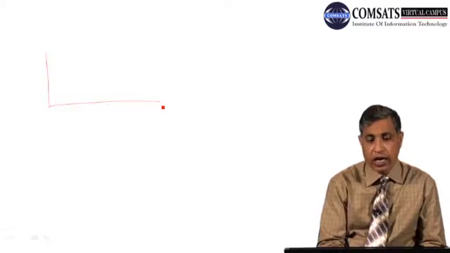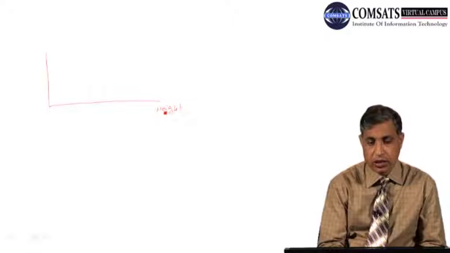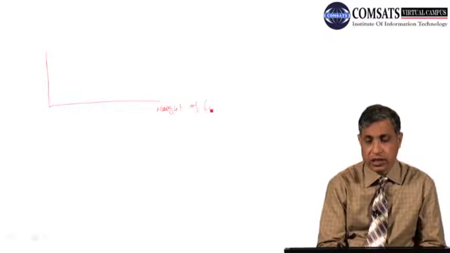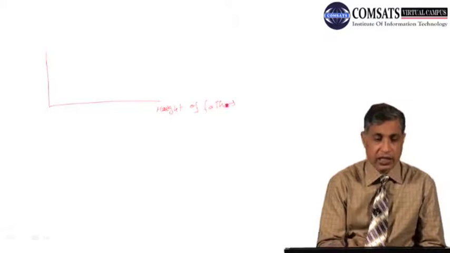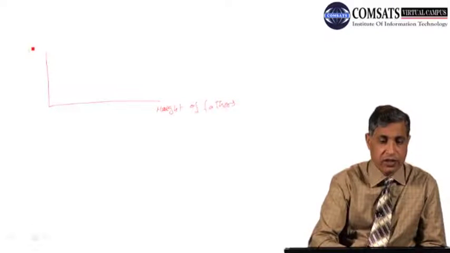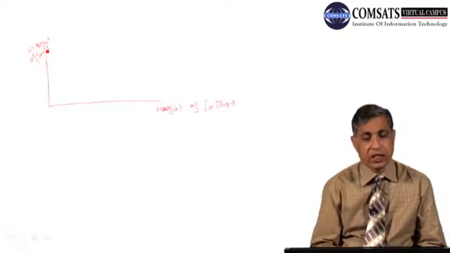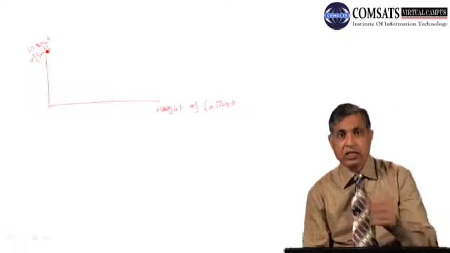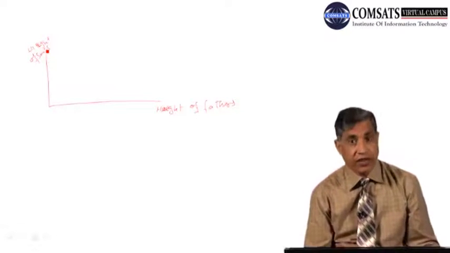This is the height of fathers, and this is the height of sons. What this means is that the height of the sons depends on the height of the fathers.